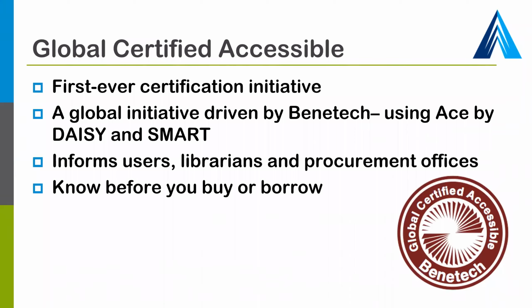It informs the users, librarians, anybody who's purchasing a title about the accessibility of this publication. And you want to be able to know about the accessibility of the product before you purchase it or borrow it from a library. So it's a great initiative from Benetech.